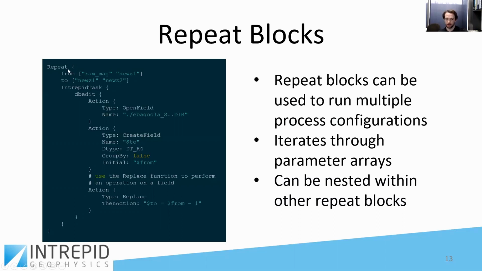You can also have repeat blocks inside of other repeat blocks if you want to try multiple combinations. So you can quite quickly run through a whole bunch of parameters just by stacking these repeat blocks within each other.